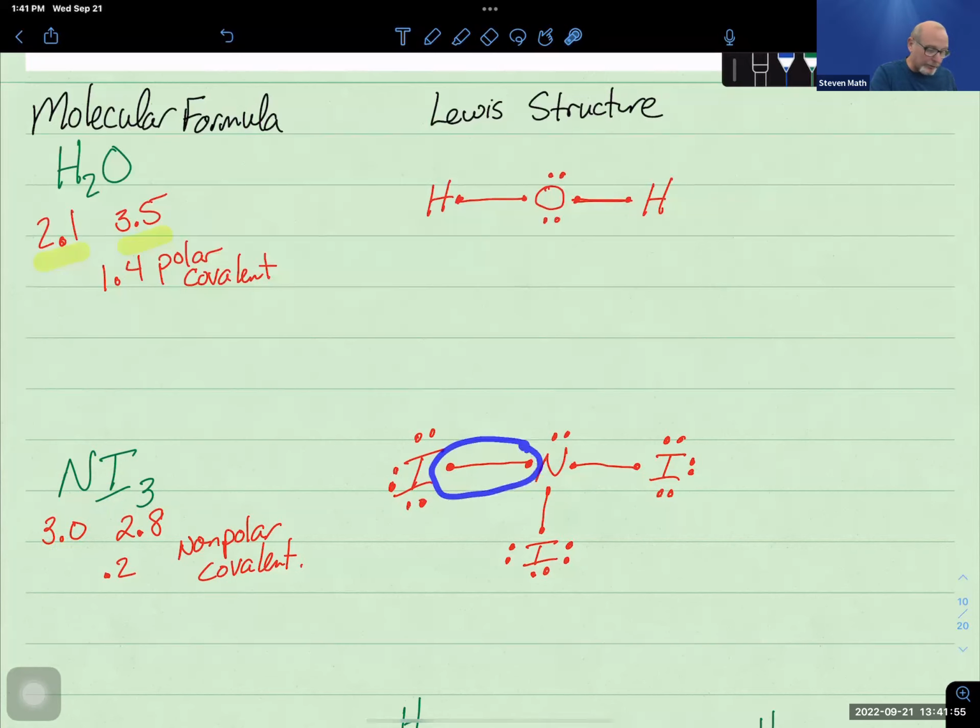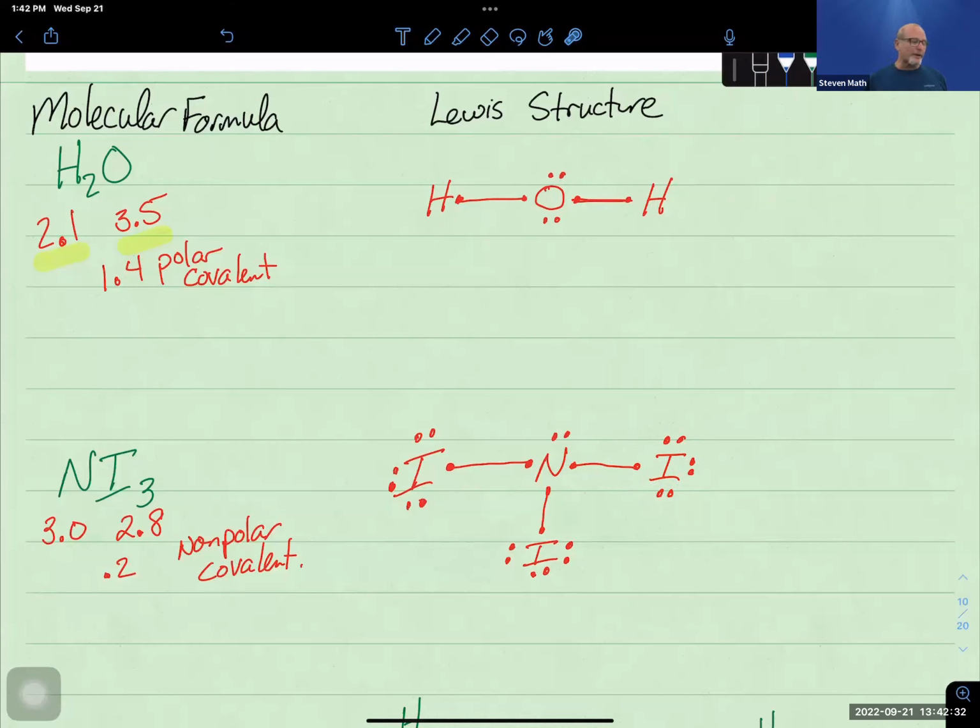It gets to count both of those. There's 2, both of those, 4, 6, and a lone pair, 8. Iodine very closely has the highest electronegativity, very close. It has 2, 4, 6, 8. In this model, nitrogen triiodide makes an octet for everybody. Everybody gets an octet. That makes for a relatively stable molecule, relatively stable in this case.